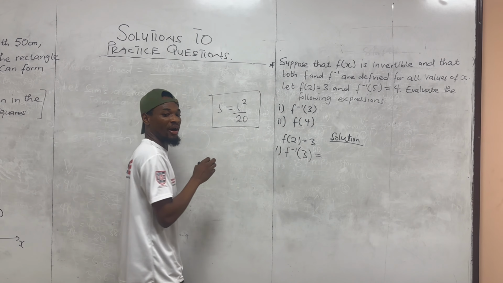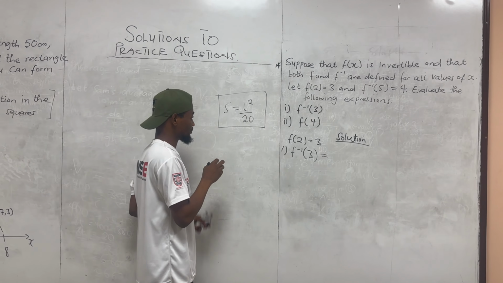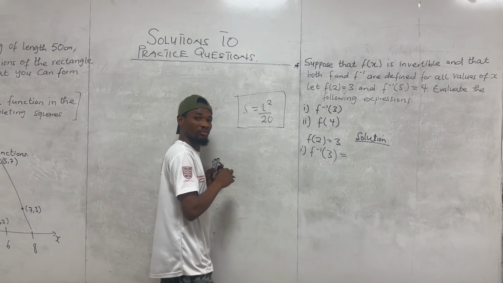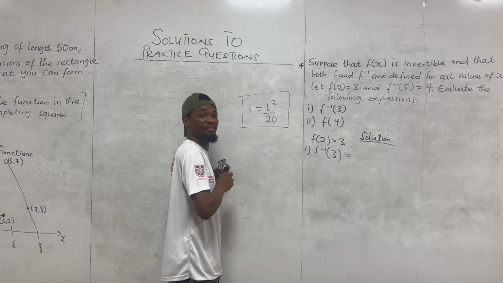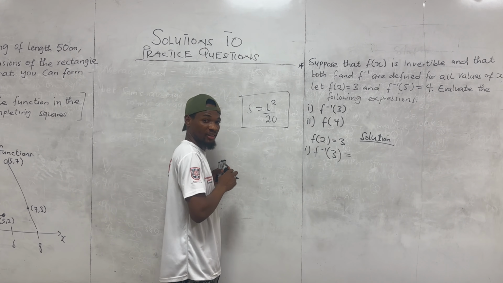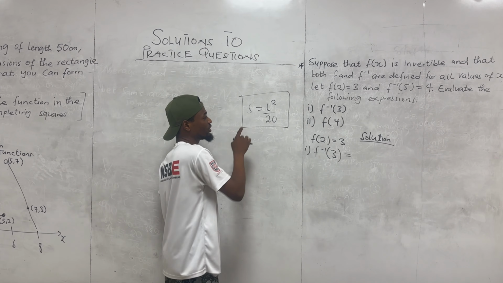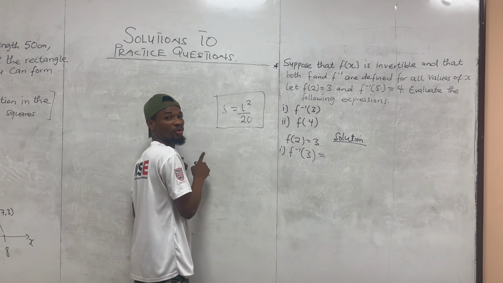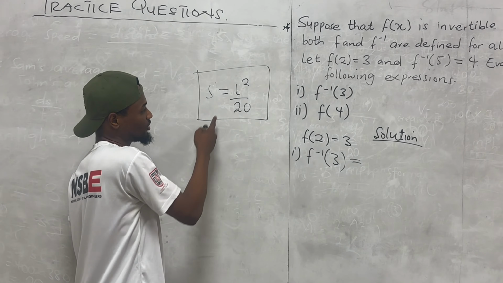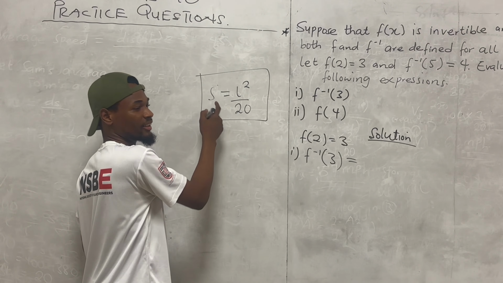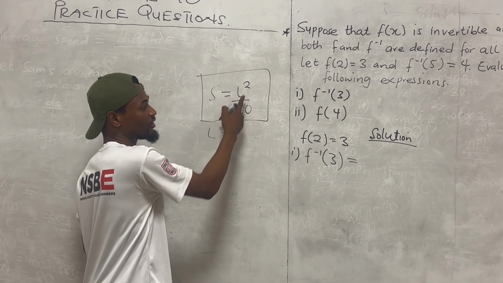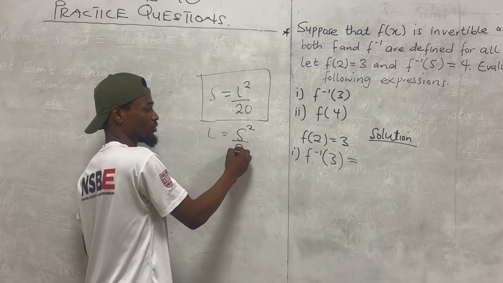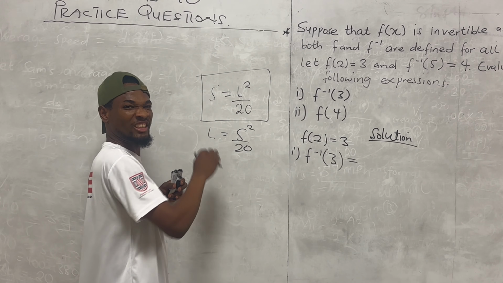And we were told to find the formula for the inverse. What did we do? We just interchanged the positions of S and L. Wherever you see S, it will be L. Wherever you see L, it will be S. Then over 20. So this is the inverse.